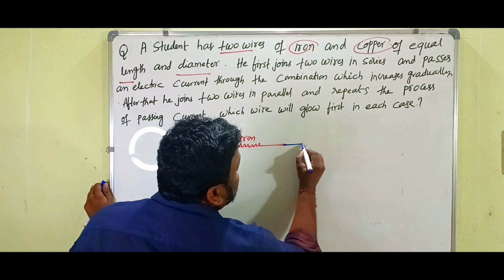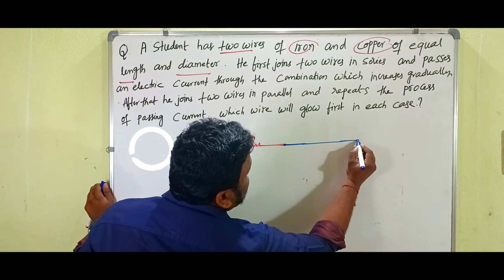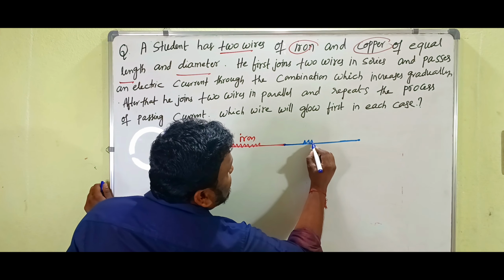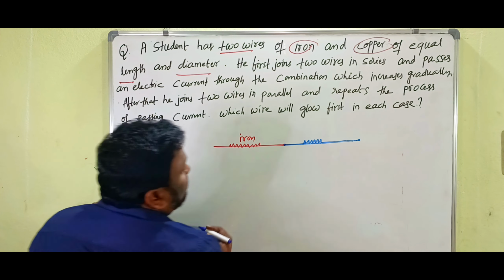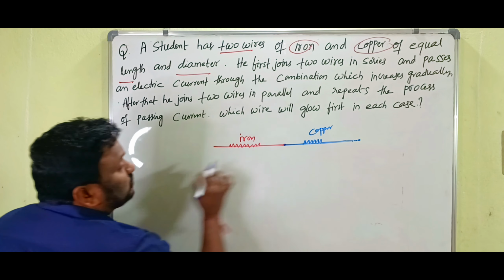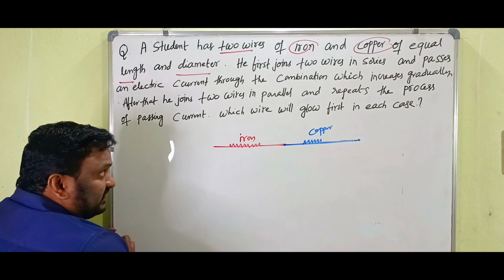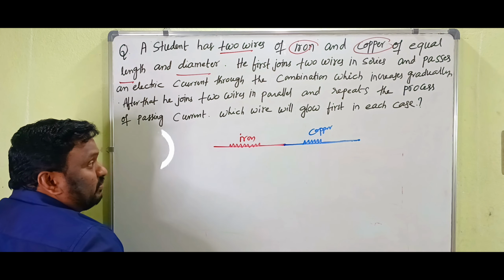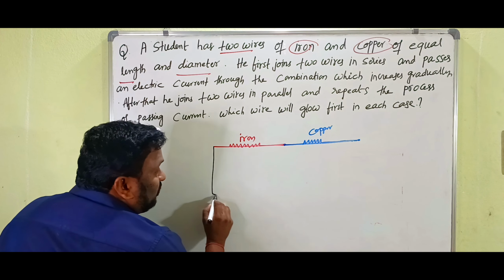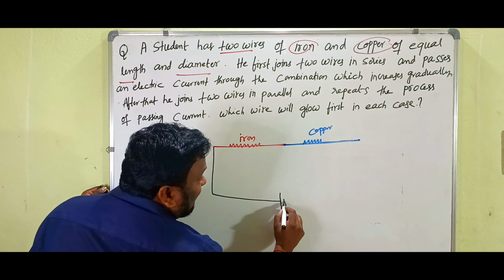Now these two are connected in series combination. I am showing the resistance of the wire like this, and this is the copper wire. These two are in series combination now, and finally the ends of the combination are connected to one battery like this.